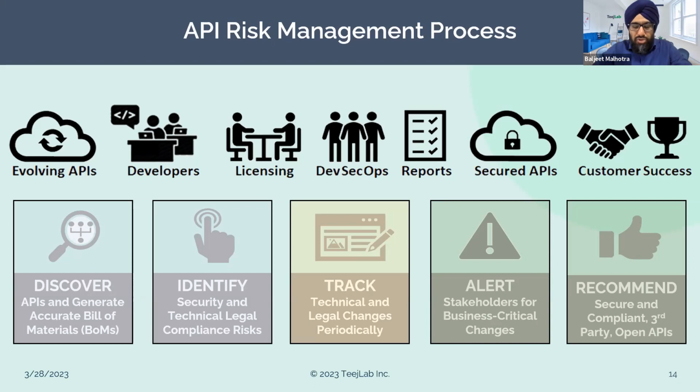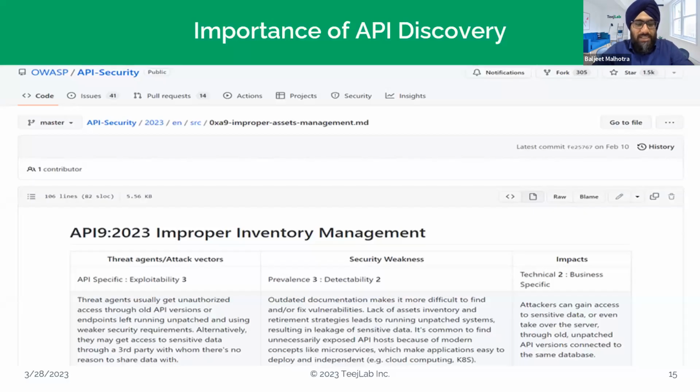And I'm glad to share with you, perhaps some of you already know, with consistent effort, I've been talking about this discovery issue since 2019. And glad to see that in 2023, OWASP has actually adopted inventory management as part of their OWASP top 10 recommendations specific to APIs.